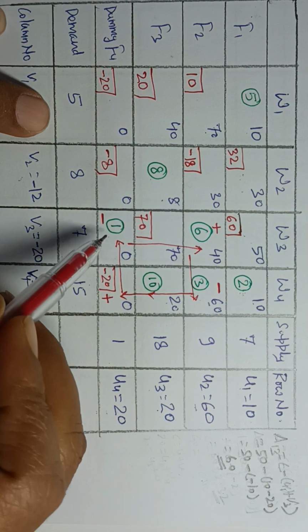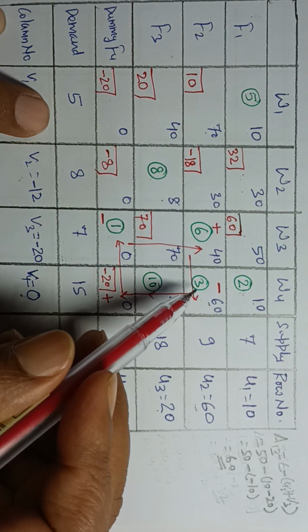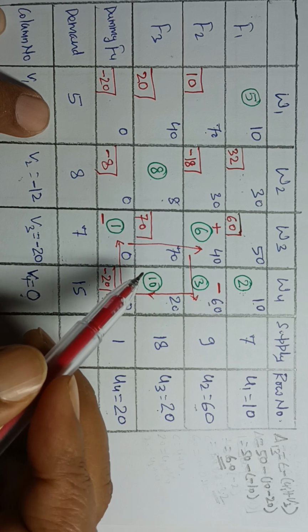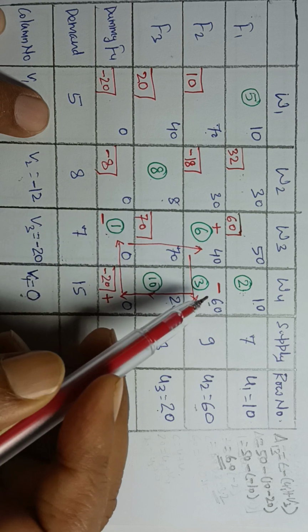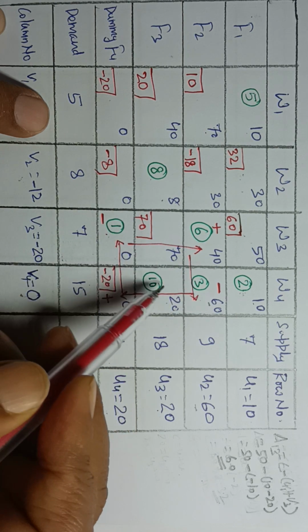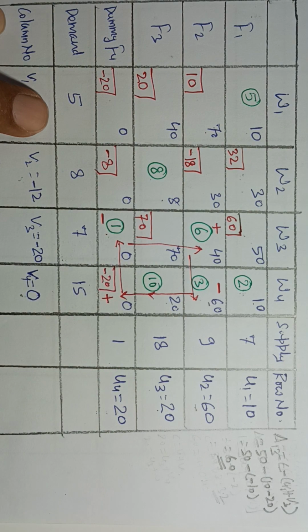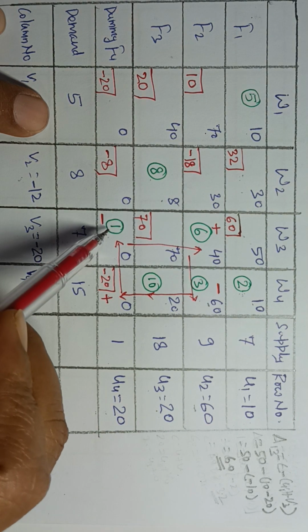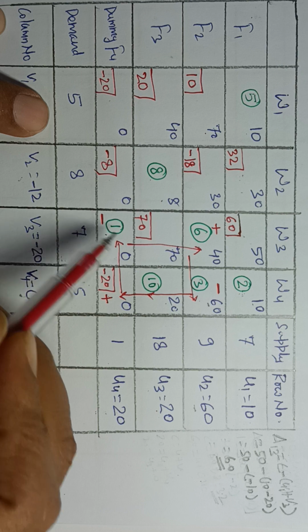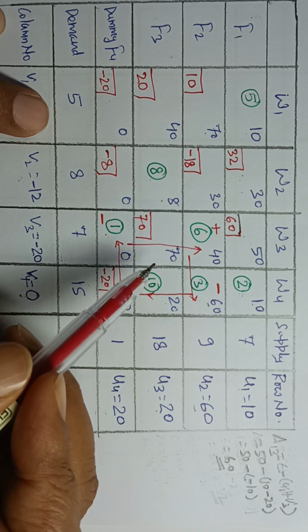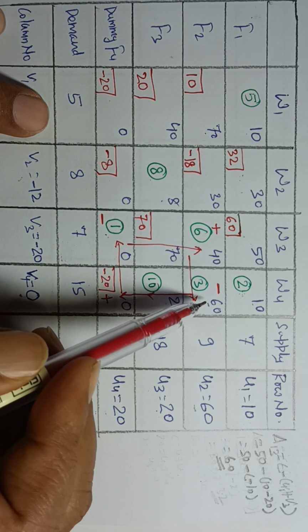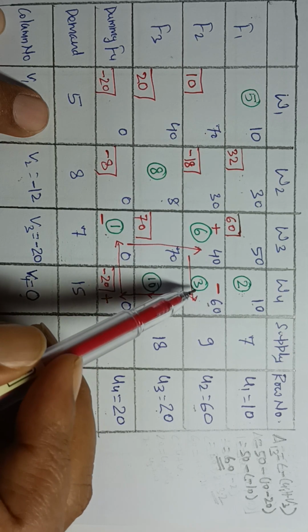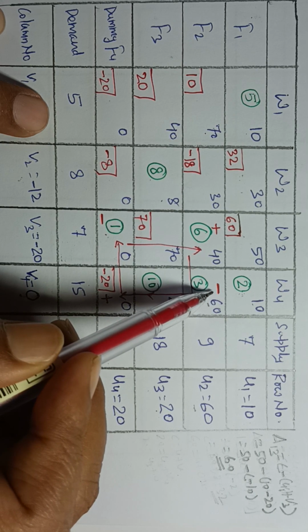Now from the plus and minus sign cells, we'll select the negative sign cells, that is this one and this one. Among these two, we will find which has the least occupancy. So here we see 1 is the least. We will shift 1. We will add 1 where there is the positive sign in the cell, and we will deduct from the cell where it is negative sign.